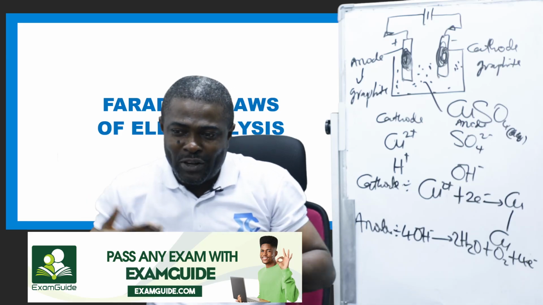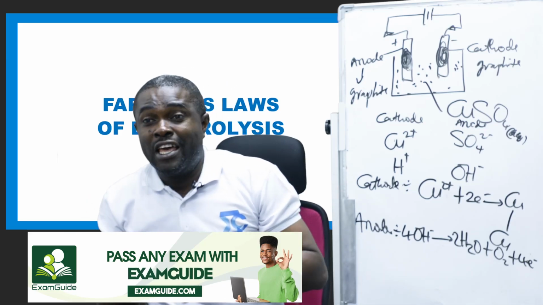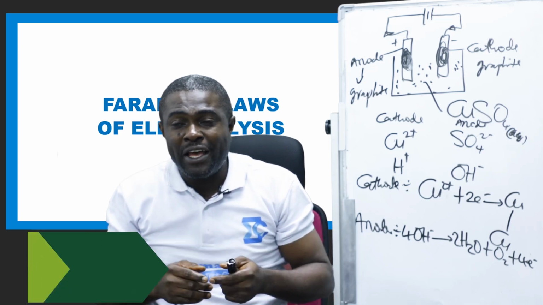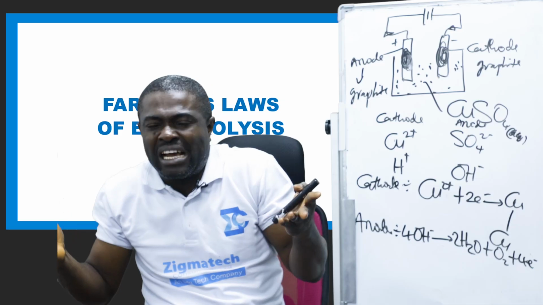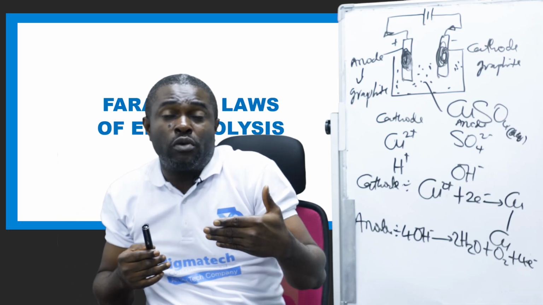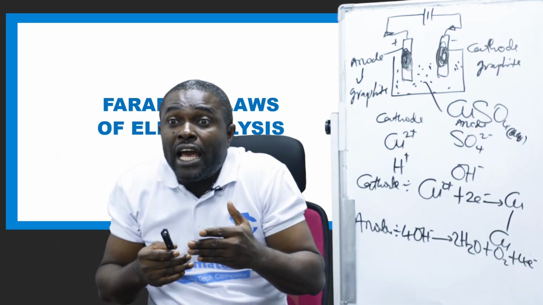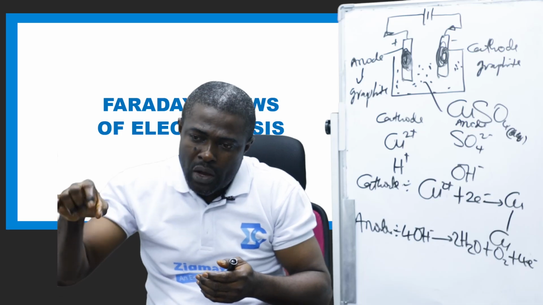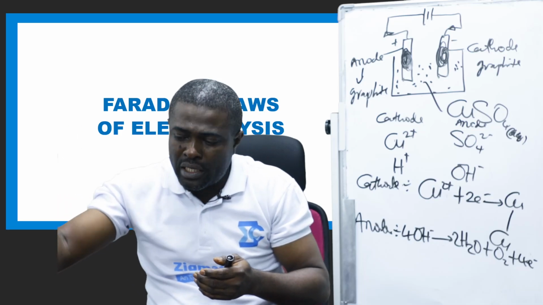And the mass of copper gotten after the electrolysis of aqueous copper 2 sulfate probably was 10 grams. He discovered that when you increase that quantity of electricity, let's say up to 100, at the end of the electrolysis the mass of the copper is no longer what he got before, but actually increased.